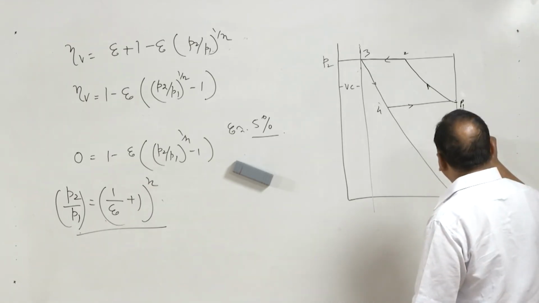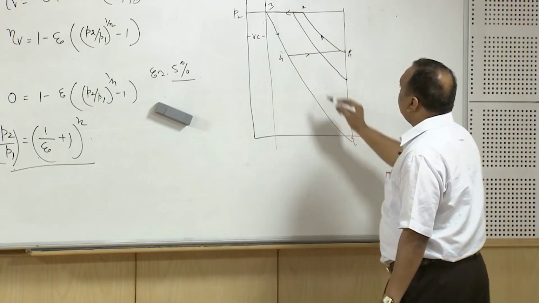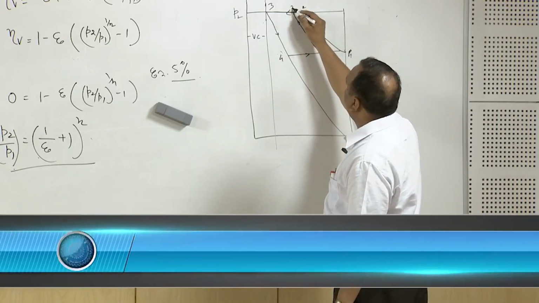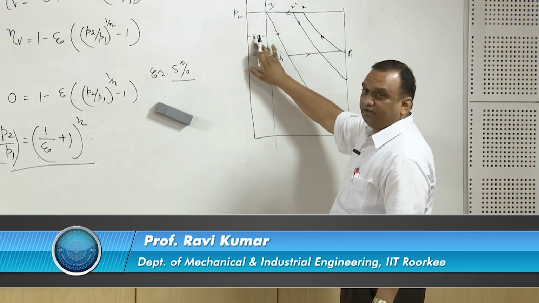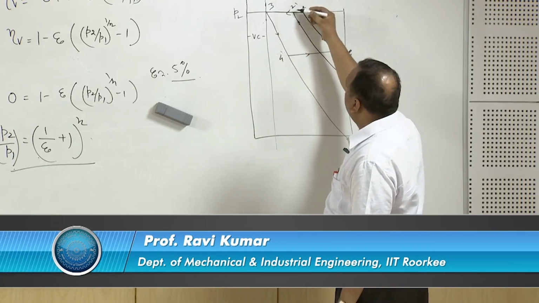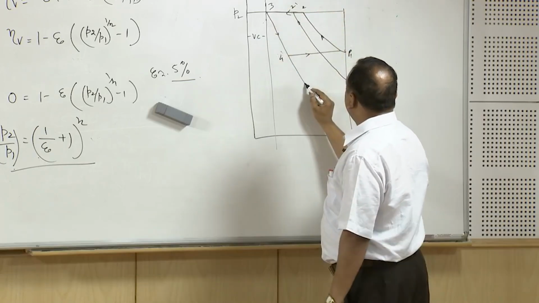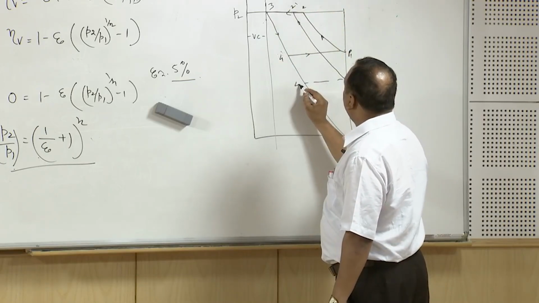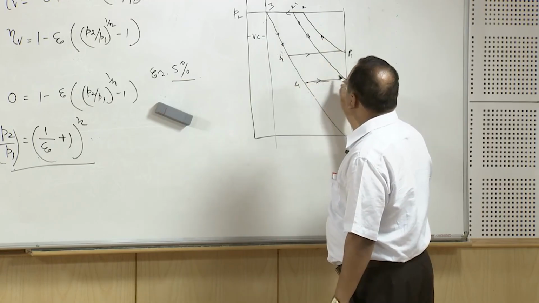Now in this case, what is going to happen? The point 2 will be shifted to 2 dash, point 3 is fixed because clearance volume is fixed, but during the expansion the point 4 will be shifted here. So this is going to be the modified cycle.